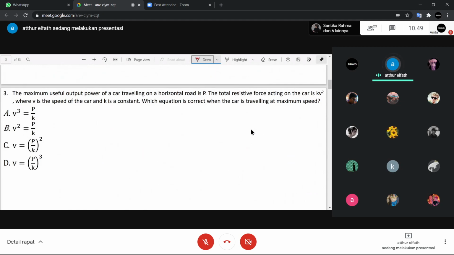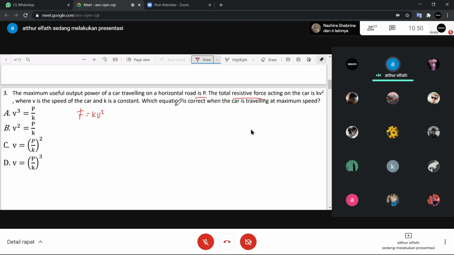Number 3. The maximum useful output power of a car traveling on a horizontal road is P. The total resistive force acting on the car is, resistive force, so we can write the symbol F equals k v squared, where v is the speed of the car and k is a constant.